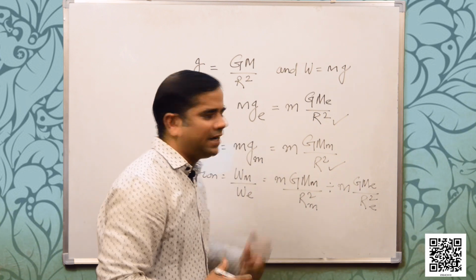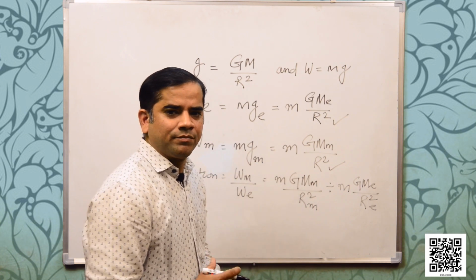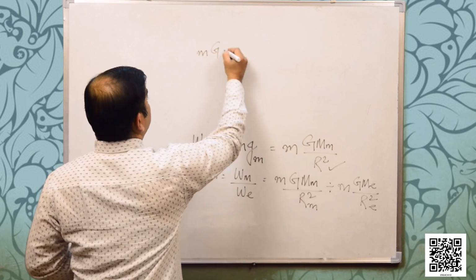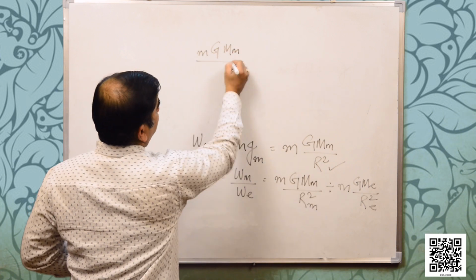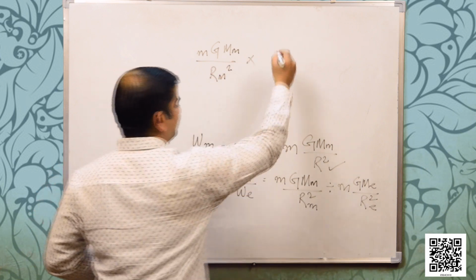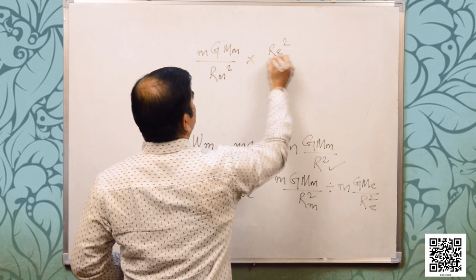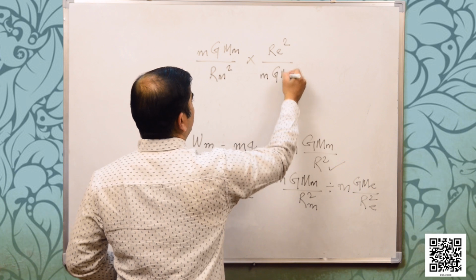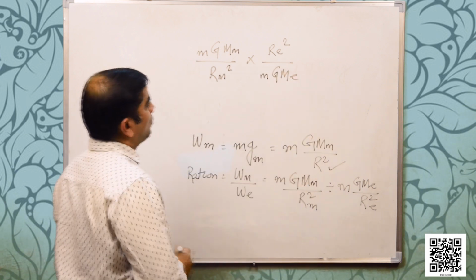So, we can clearly distinguish between them. This will give us m G M_m by r_m square into r_e square divided by m G M_e.